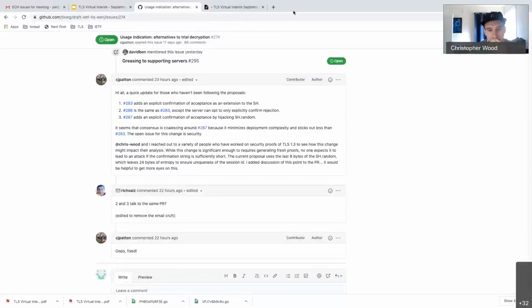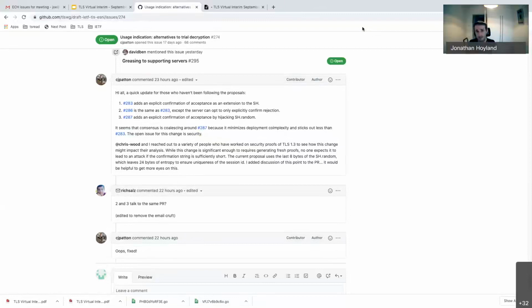Yes. Okay. So I was thinking about this a little while ago, and the server could, in an unencrypted extension, send back a blob, like a number, and the indication of acceptance would be that it would compute the key for the inner client hello, hash it with some label, and that would be its response.